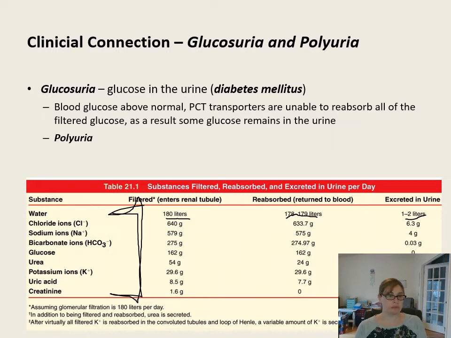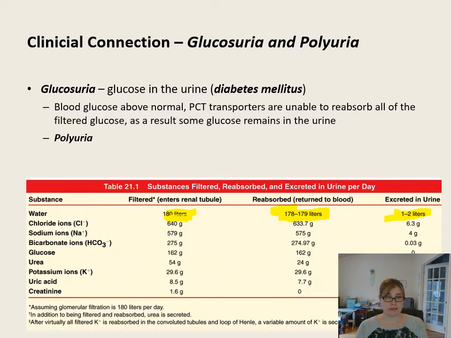So as far as water is concerned, we filter about 180 liters of water, and we reabsorb almost 179 liters, and that means we excrete 1 to 2 liters. So we keep most of the water.